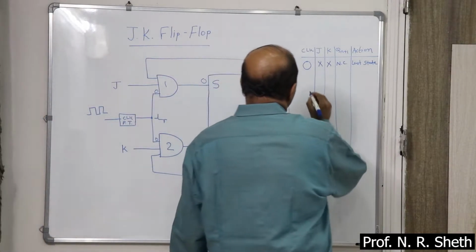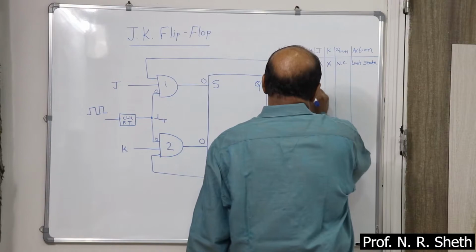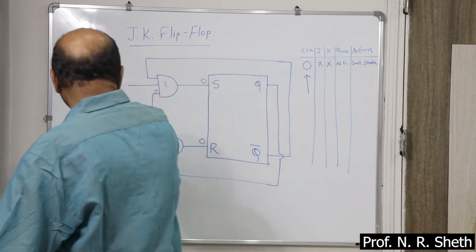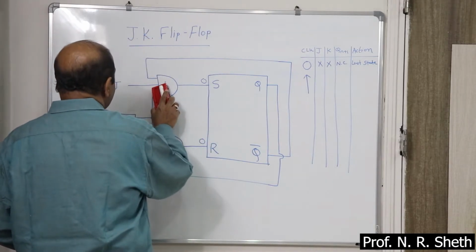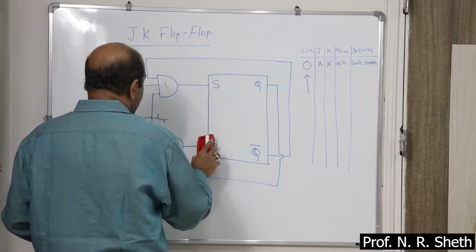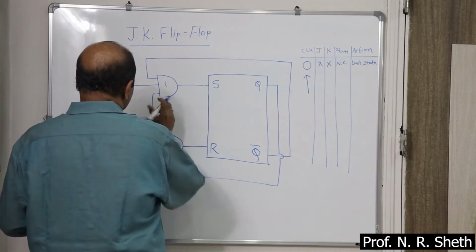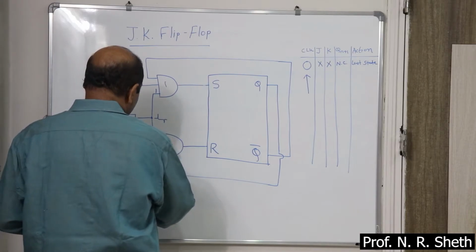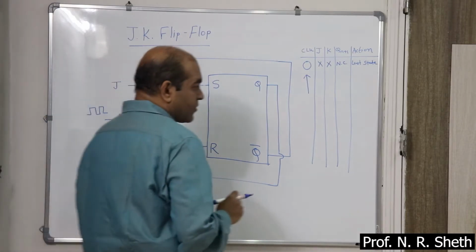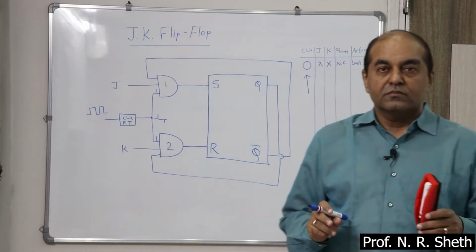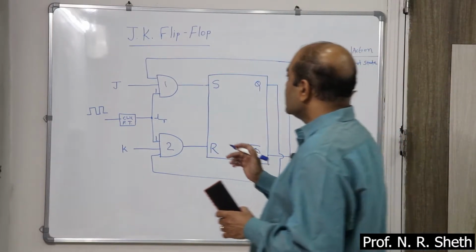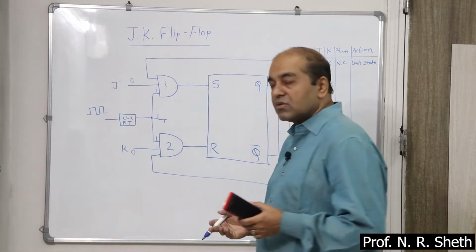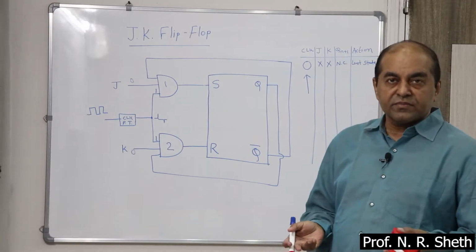Now suppose a positive edge triggered pulse arrives. This is a positive edge triggered pulse, meaning the circuit responds. Now your clock pulse is not 0, but 1. But J is 0 and K is 0. So again, the thing is one and the same.